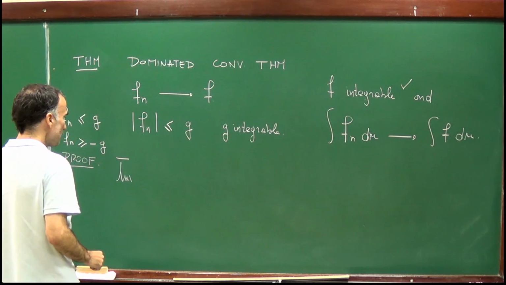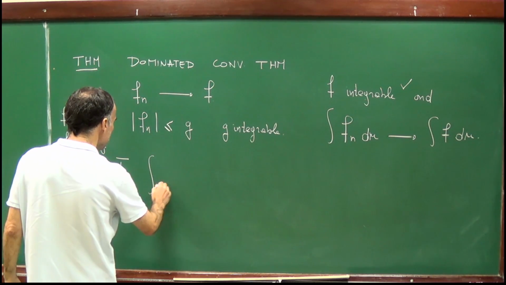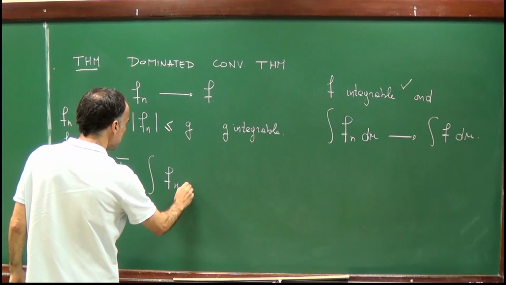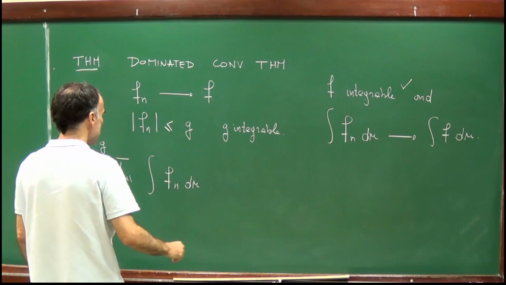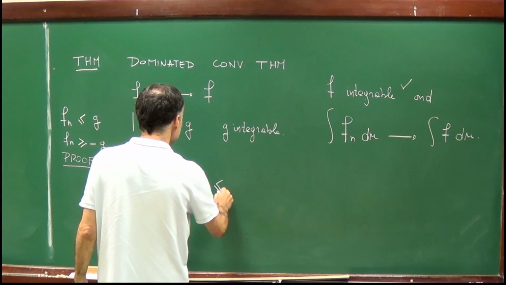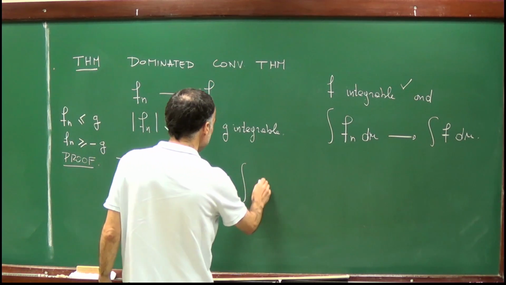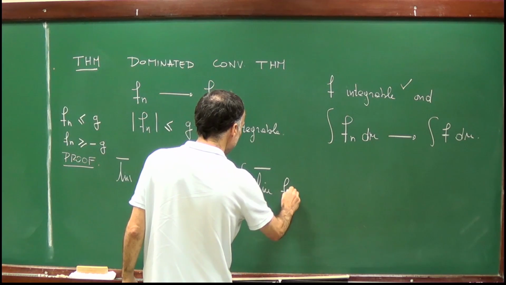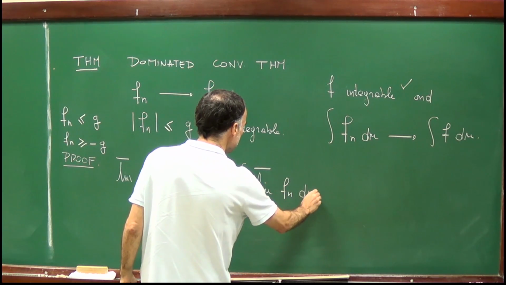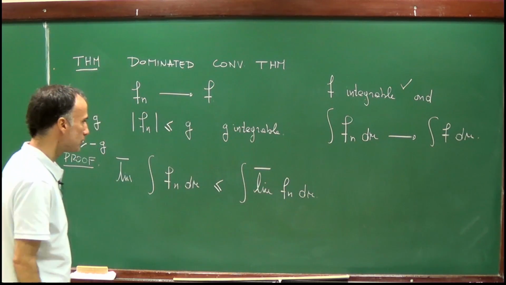So Fatou tells us that the limit sup of the integral of fn d mu is less than or equal to the integral of the limit sup of fn d mu.